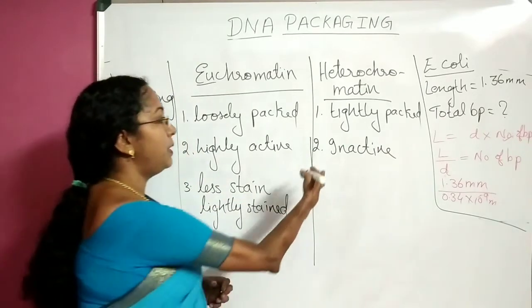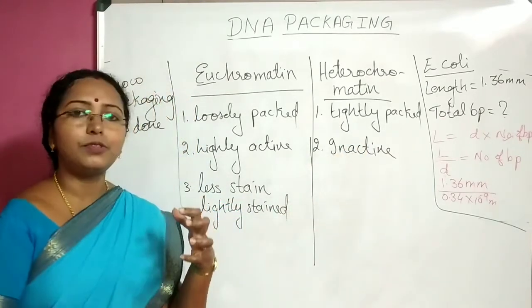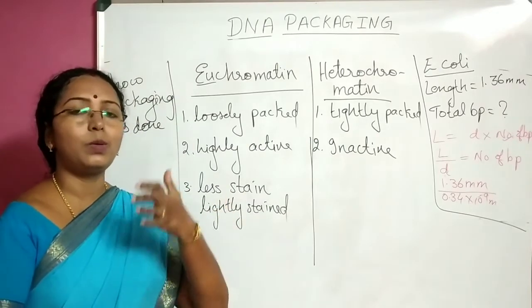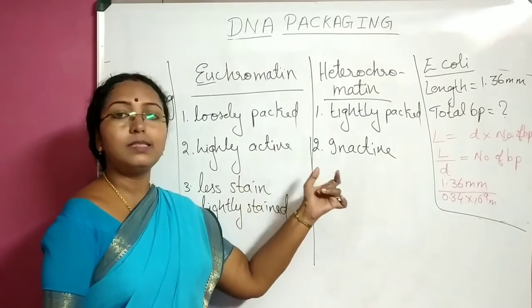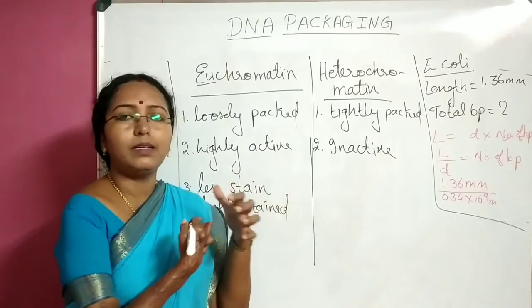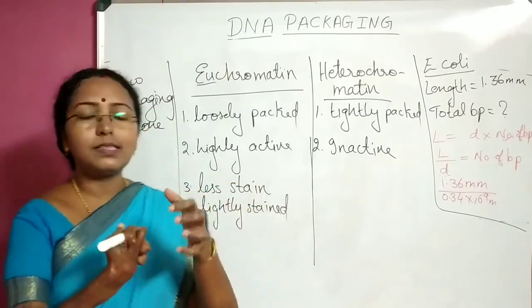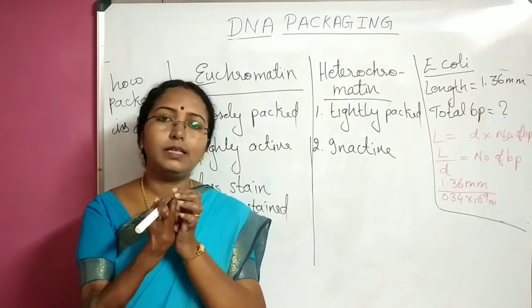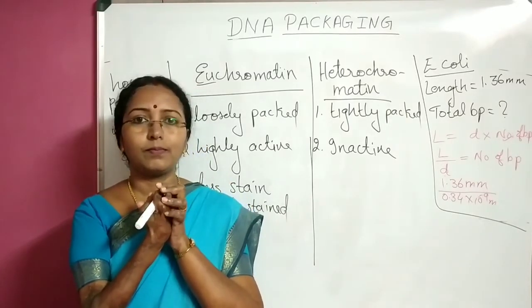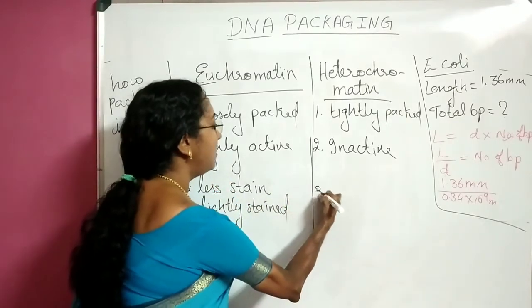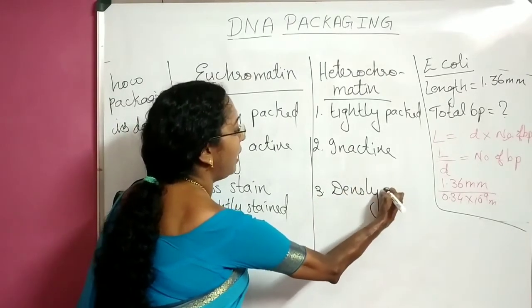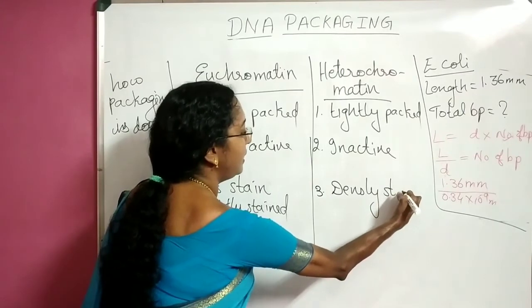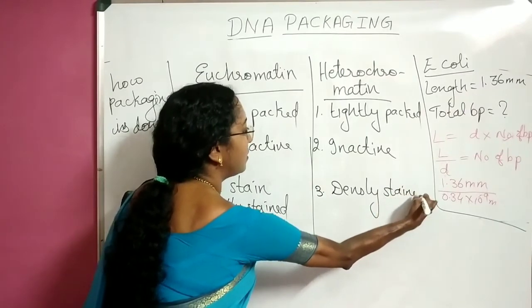Okay, this particular part, what is the action of a chromosome? Again, it is coming. It is a very wonderful thing, children. Please wait for that. So it is inactive because it is tightly packed, and since it is tightly packed, it will take up all the stain and keep it with itself. So when you add stain, it will have dense stain, or it is densely stained.